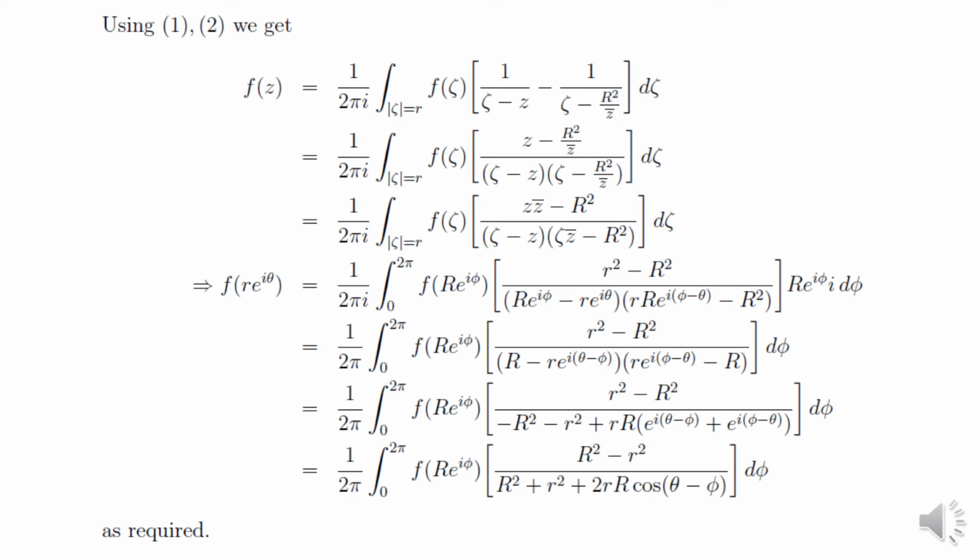Equation 2 from equation 1, we can have 1/(2πi) times the closed integral, these are all closed integrals, over |ζ| = R, this is on C, of f(ζ)[1/(ζ − z) − 1/(ζ − R²/z̄)] dζ.